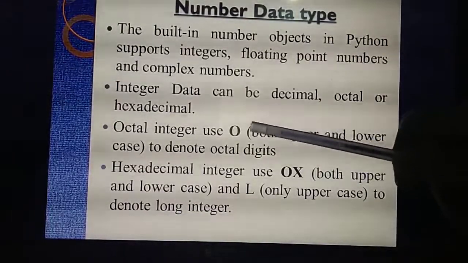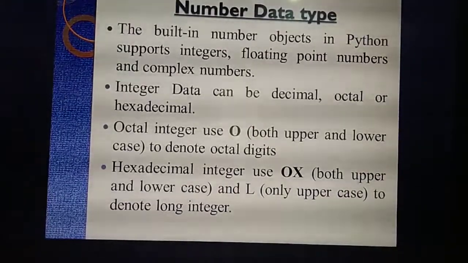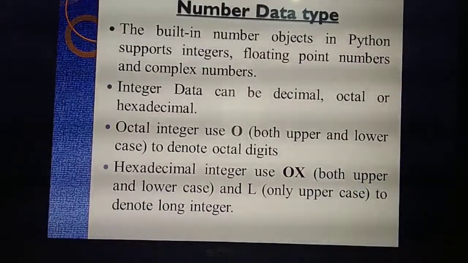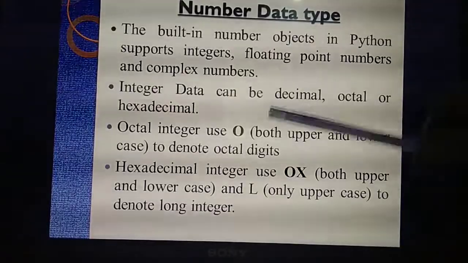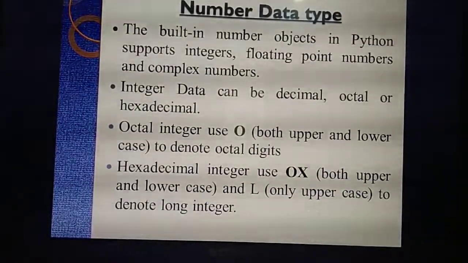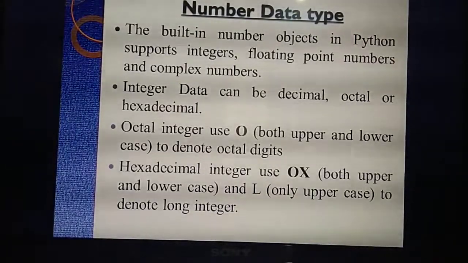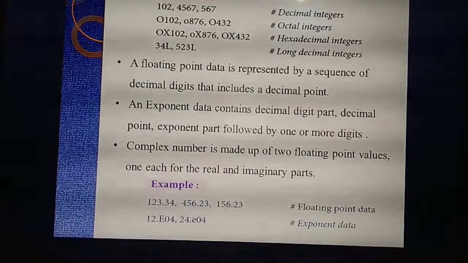The number starts with 0, either capital letter O or small letter o. Similarly, if the number starts with either capital 0X or small 0x, that number is a hexadecimal. If the number comes along with only capital letter L, that is only uppercase, you should know that is a long integer. Understand? See this example, then you will understand.